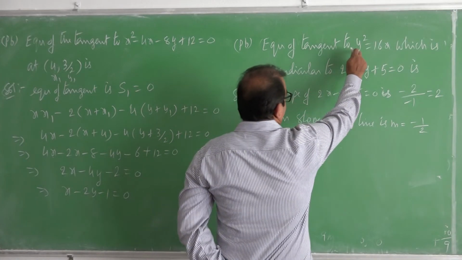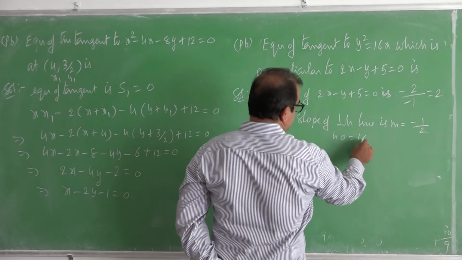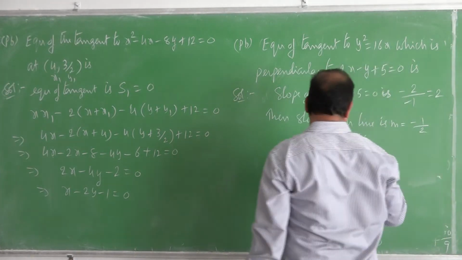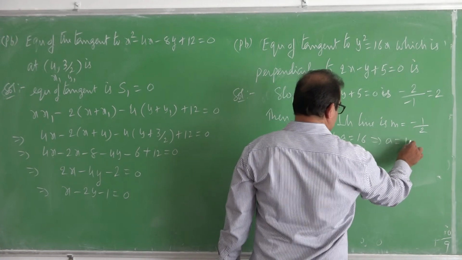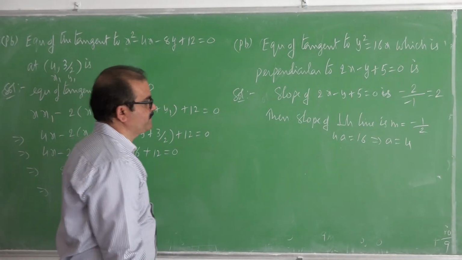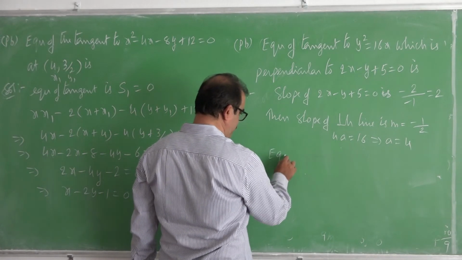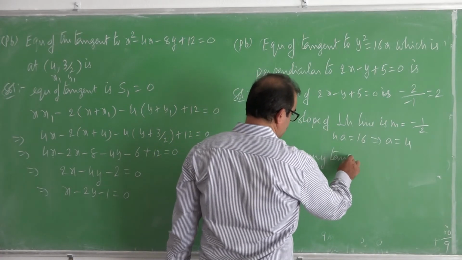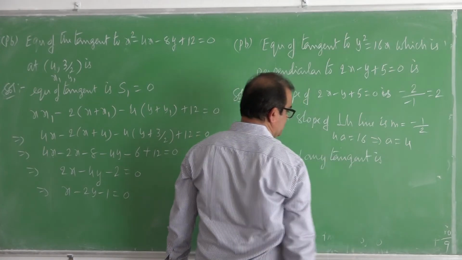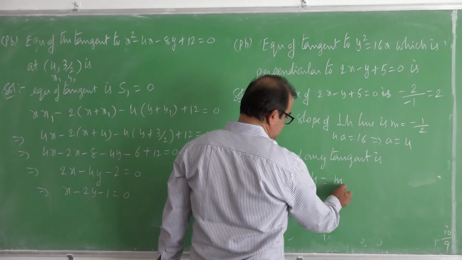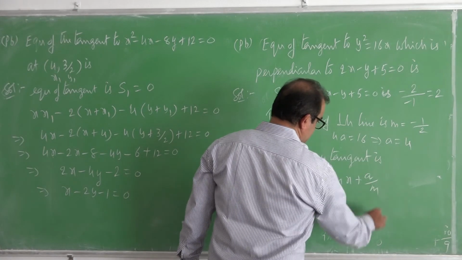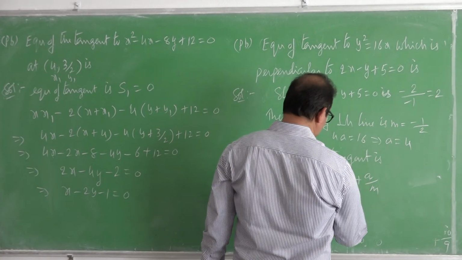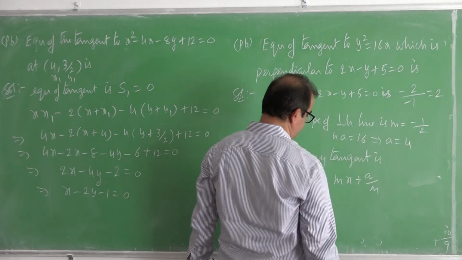From this parabola, compare this equation with y square is equal to 4ax. 4a is equal to 16, so a is equal to 4. Now we know one formula, equation of any tangent is y is equal to mx plus a by m.